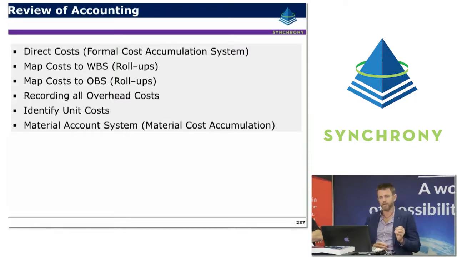Identification of the unit costs, particularly for repeatable units on the project, and having a sound material account system where you have consistency in the way that earned value is claimed for material procurement and the way that actual costs are accrued for material equipment. By having those two aspects in sync, it will help ensure that when variances pop up in your reports, they're real variances, not just noise because your financial system and your progress system in your schedule are out of sync.